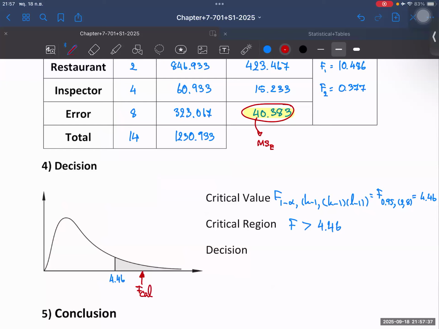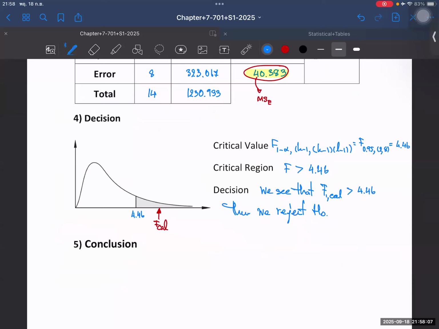Okay. So we see that F1 cal is greater than 4.46, then we reject H0. Okay. H0.